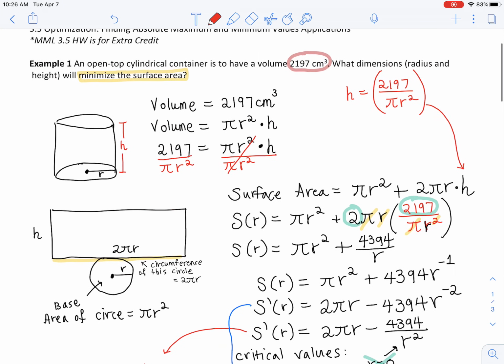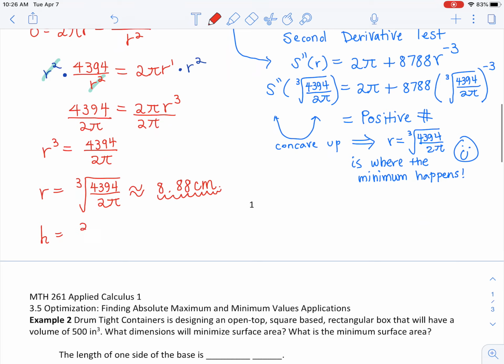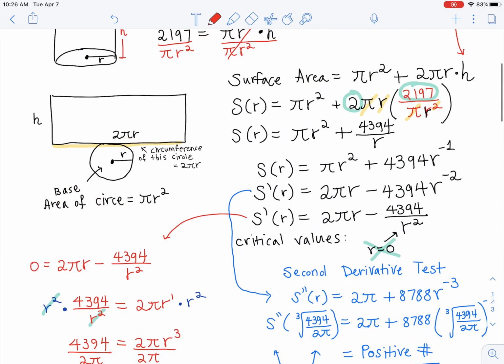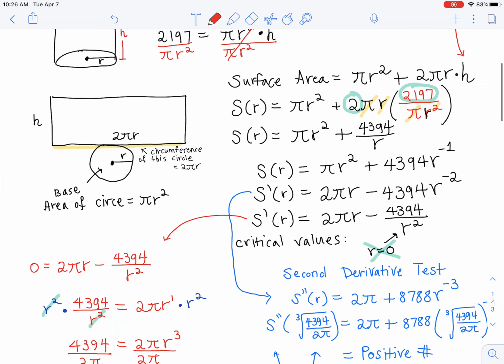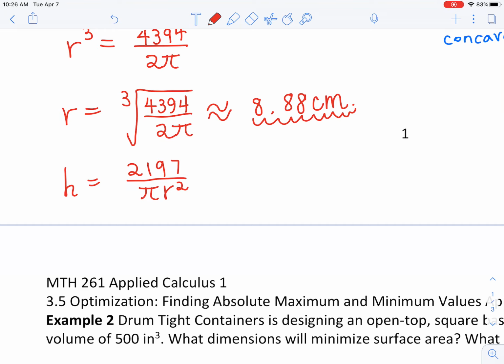Now remember, we do have a function that solves for height. Okay, I'm going to find the height now. Height was, what was it? 2197 divided by pi r squared. Let me double check if I wrote it down right. 2197 divided by pi r squared. Now we're ready to find the height.